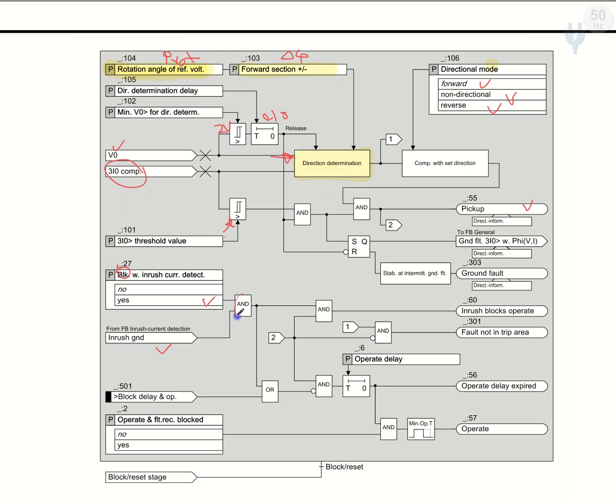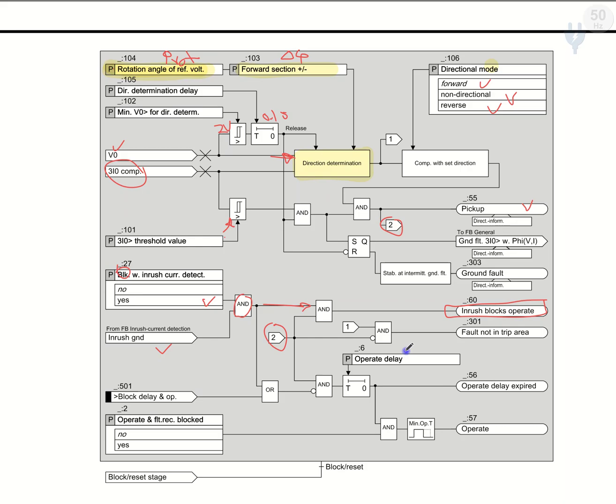Then it gives output to the AND gate, and this AND is supplied by block 2 here on the pickup. When there is a pickup and inrush is detected, it will block the operation, and it will show that the operation is blocked by inrush current. Due to having inrush current, the operation should not be done.